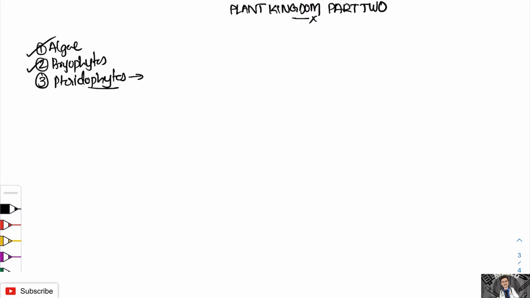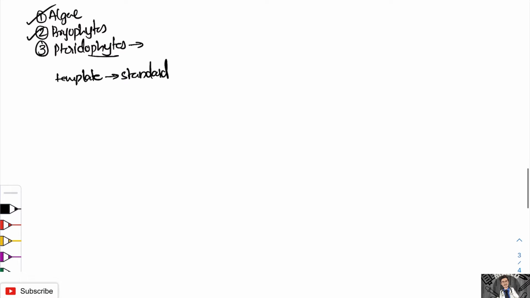So I'll start with the template, or the standard cycle. This will help you remember how to draw it. Let's do it quickly. Let's see the gametophyte. It produces gametes, and then they undergo fertilization to form the zygote.